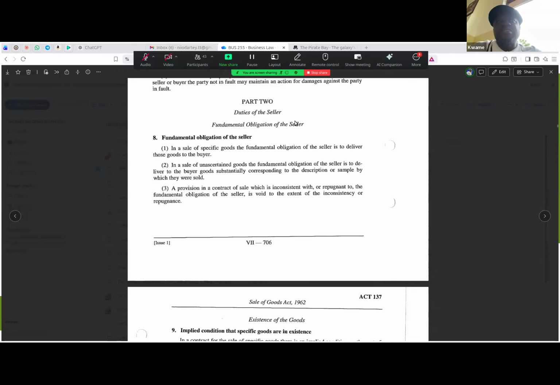The cement should be Gasem cement, it should be 42 something, and it should be 50 pieces. Then next month came, the person has delivered 30 pieces of Dangote cement, which is at 32. So it's short of what you requested for. You can decide not to pay for it and then also sue the person for damages, because the person has wasted your time.